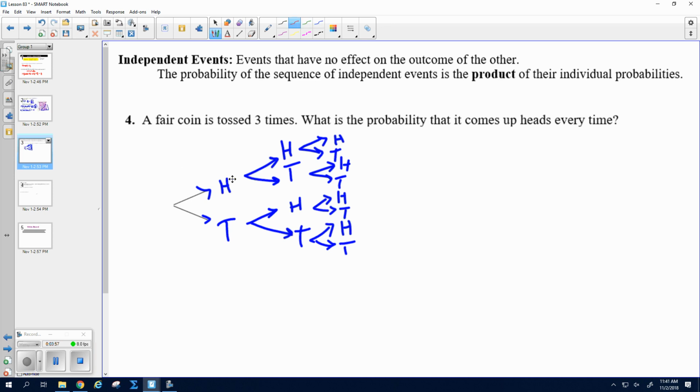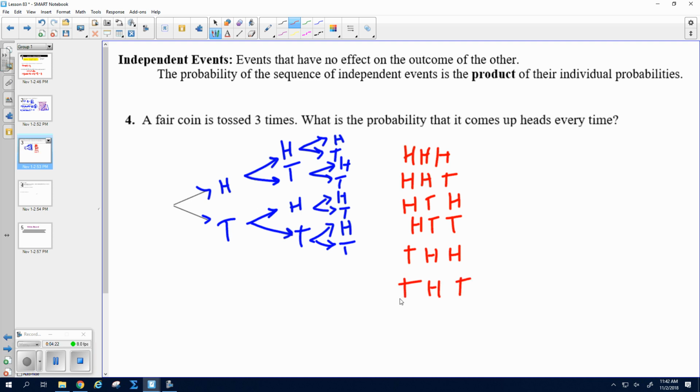So what could happen? I could get a heads, heads, heads. Wait, no, let's go heads, heads, tails. All right? And then I could go heads, tails, heads. Then I could go heads, tails, tails. Then I could start with the tails and go heads, heads. And then I could start with the tails and go heads, tails.